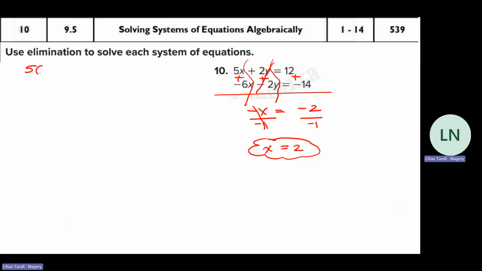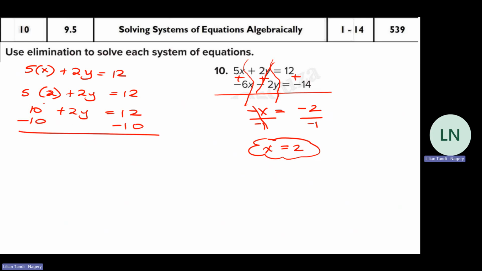So 5x plus 2y equals to 12. 5 times 2 plus 2y equals to 12. 10 plus 2y equals to 12, minus 10, minus 10. This goes away. 2y equals to 2. Divide by 2, divide by 2, y equals to 1.